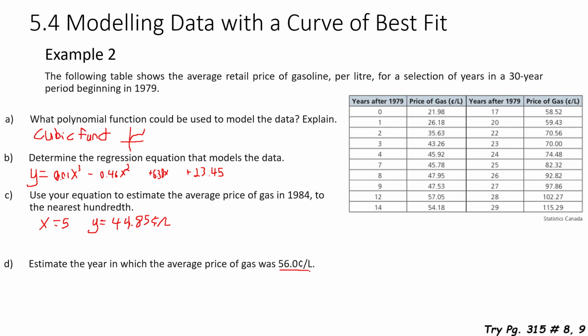So while you're moving this around, it's pretty random. It doesn't actually land on exact points for you very often. So the closest I can get here, moving up and down, is a y of 56.1. That's close enough. It is asking us to estimate the year.